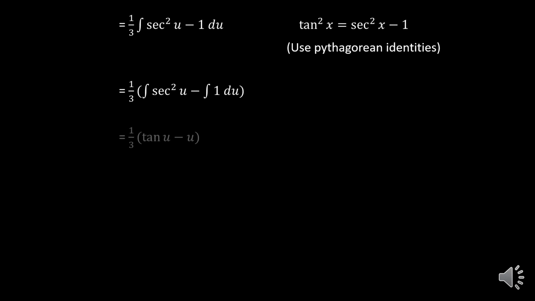So we will get 1 over 3 integrate secant square u, we will get tangent u, and integrate 1 du, we will get u. So it will become tangent u minus u over 3. We put back the 3 in our expression over 3.